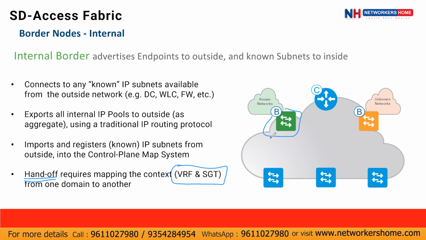So when a specific endpoint connected here is sending data to the outside world, or you can say to the data center within the known networks part, this border is responsible for maintaining the VRF and the SGT when it goes out and comes in, because when it exits, as I told, the SDA fabric ends here. Yeah, just like the service VRF, we can define over here.